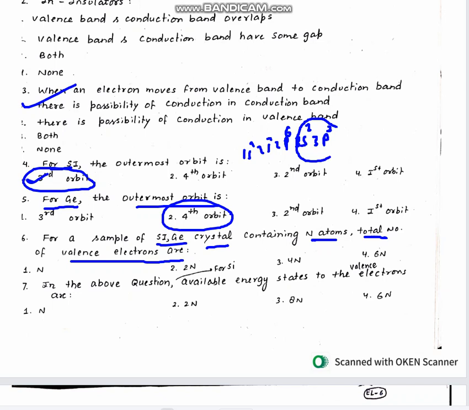So in the outermost shell there are 4 valence electrons for one atom. Corresponding to n atoms there will be a total of 4n electrons. And as we know, the total energy states available per atom are 8, so the total energy states are 8n. So for this question the answer will be 4n, and for this it will be 8n.